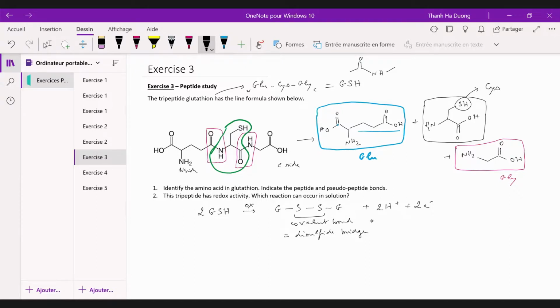So you have here the reduced glutathione, and this is oxidized glutathione.